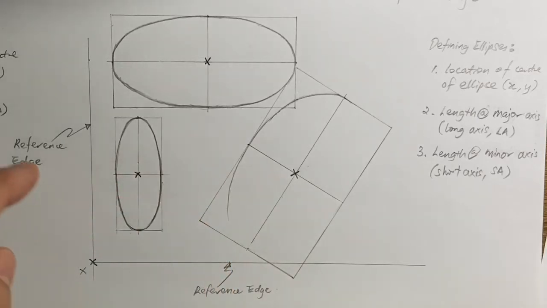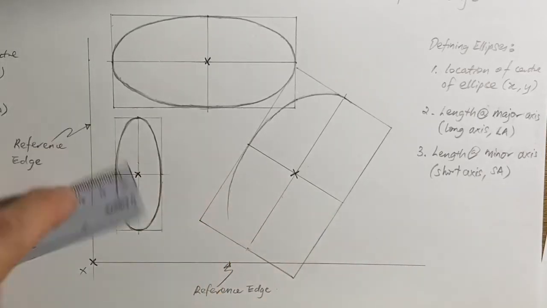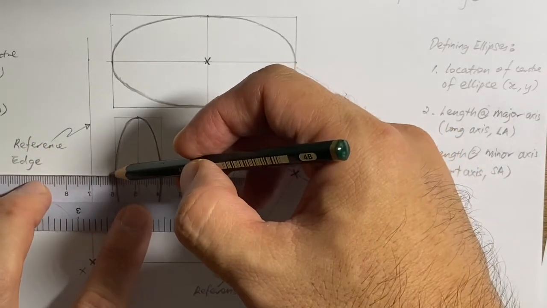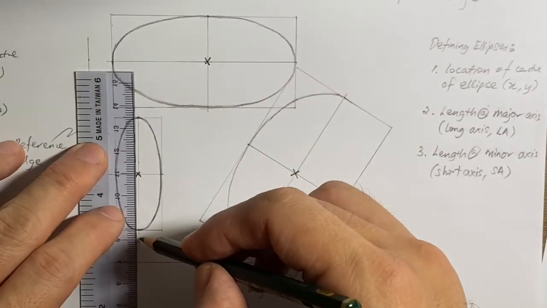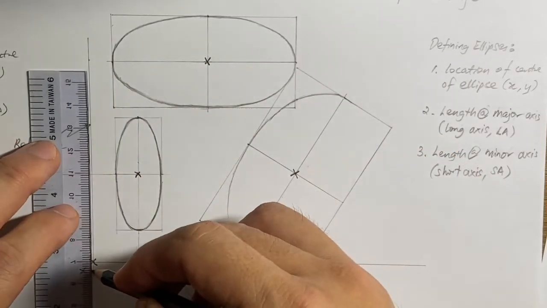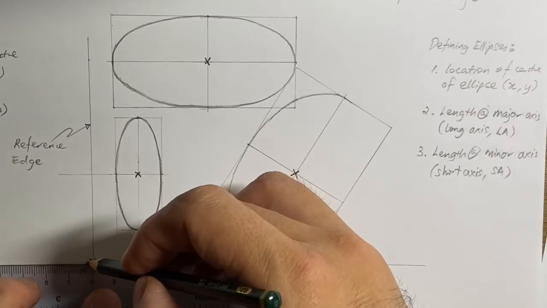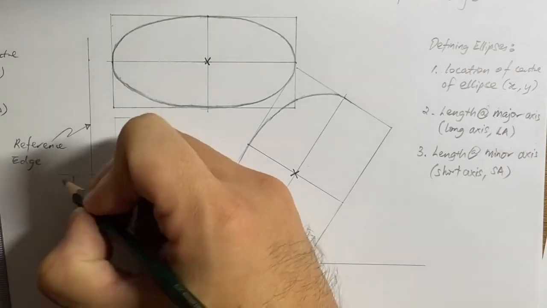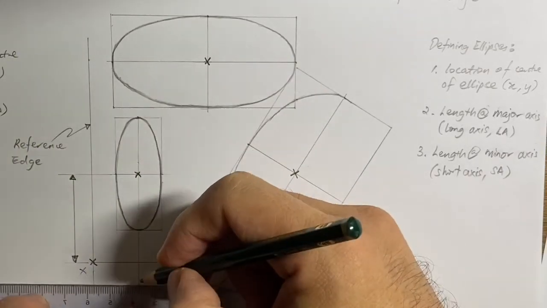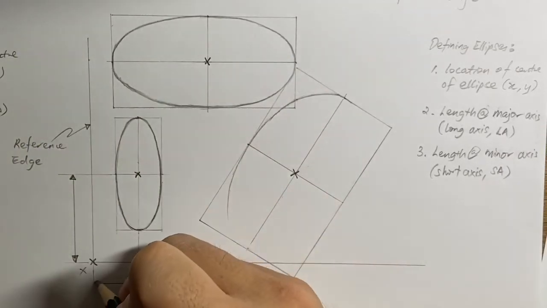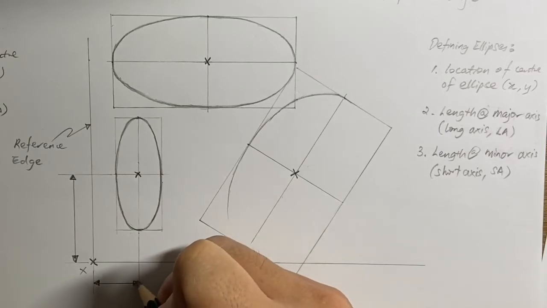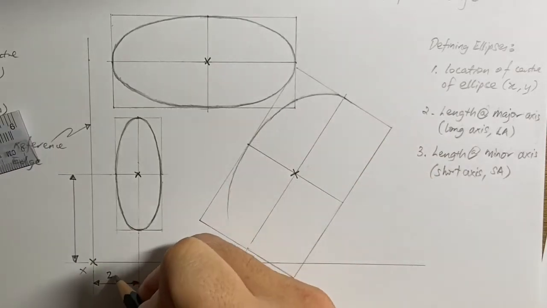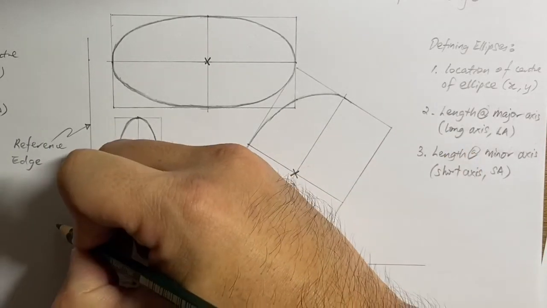Okay, so let me give one example here. So this ellipse, first we need to define the center, and let me just quickly show you where the center is. So with respect to the reference edges, okay, this is approximately 20 and this is 40.